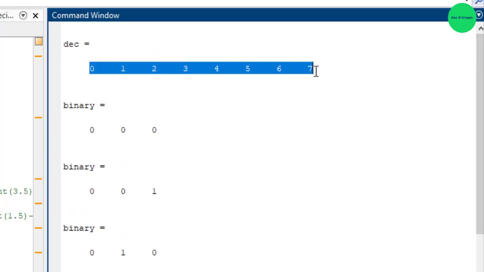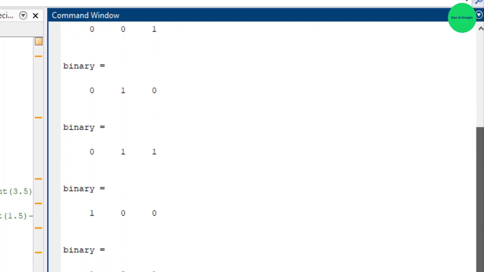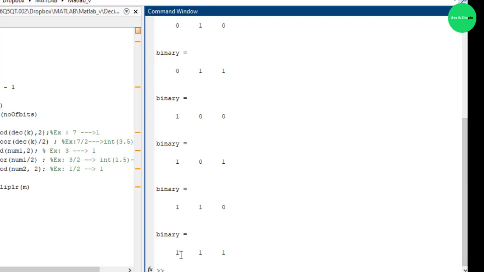The decimal 0 to 7: 0 is 0 0 0, 1 is 0 0 1, 2 is 0 1 0, 3 is 0 1 1, the fourth one is 1 0 0, fifth one 1 0 1, sixth one 1 1 0, and this is the seventh, last one, 1 1 1.